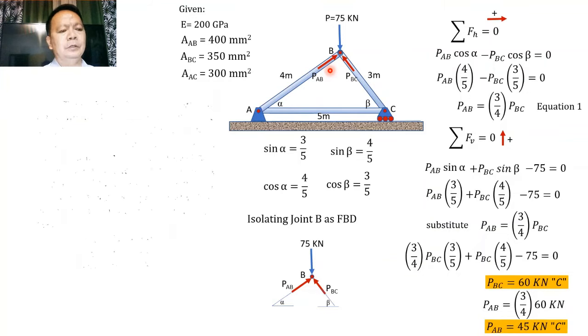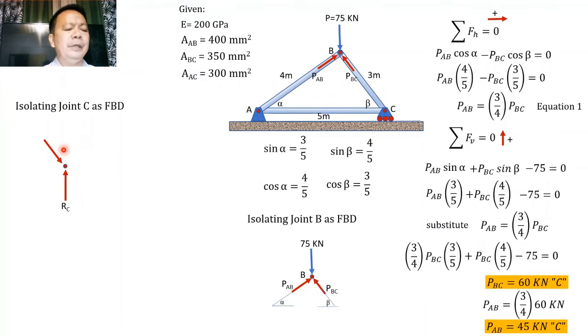Solving now for the force acting on member AC by isolating joint C as the FBD. Now let us try to isolate that joint. Here is our joint C. Joint C is subjected to the vertical reaction at point C, a force whose magnitude is equal to 60.